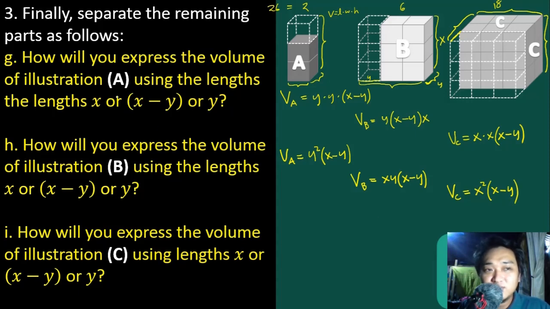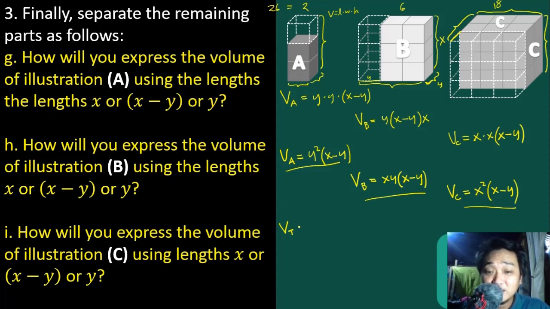Okay, so we were able to express the volume and answer the questions G, H, and I, the volumes of A, B, and C. So again, take note of this, and take note of these volumes. Now, let us try to investigate. Kanina kasi buo yan, pinagsama-sama natin yan. So that will be the total volume. Take note, less 1 cuboid.